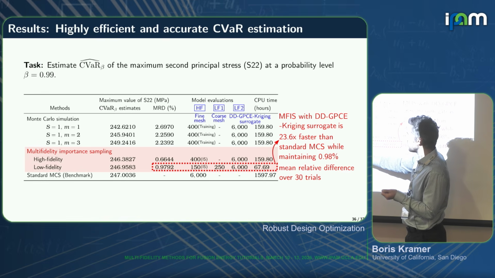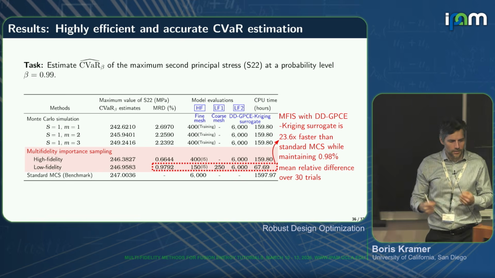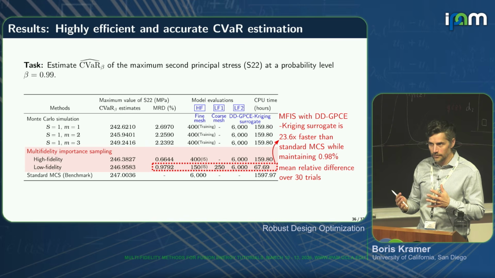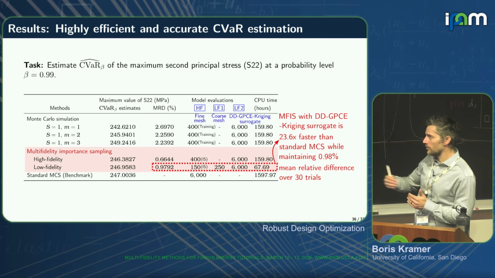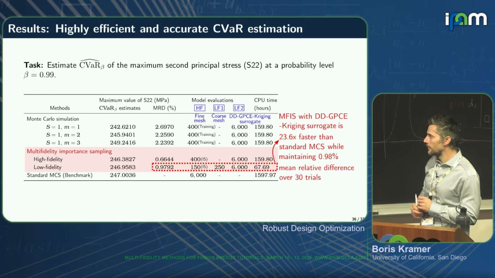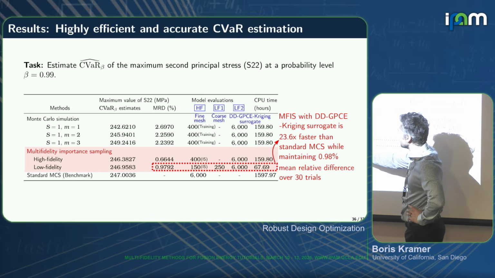So I'm always using my best model. If I'm not using this, then I'm not going to get an unbiased estimator, right? So multi-fidelity strategies always try to use everything, but we're trying to push as much as we can to the lower fidelities.